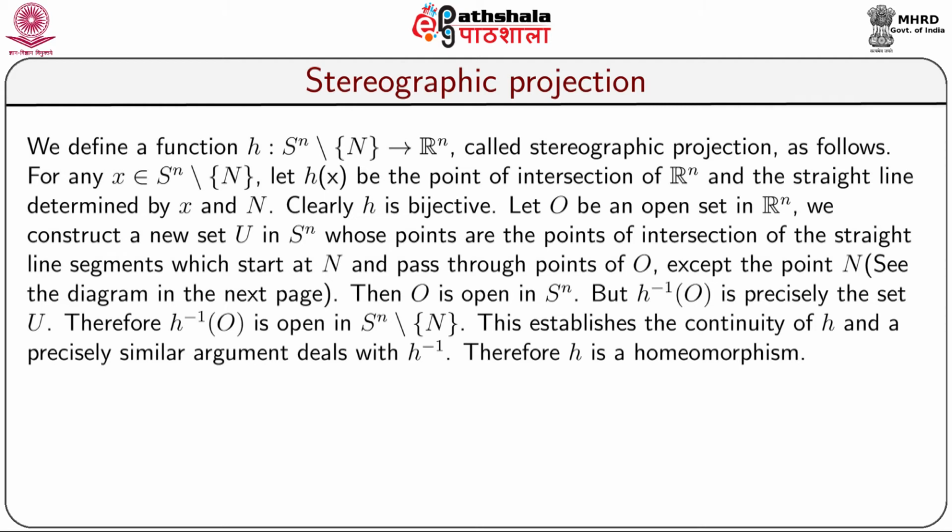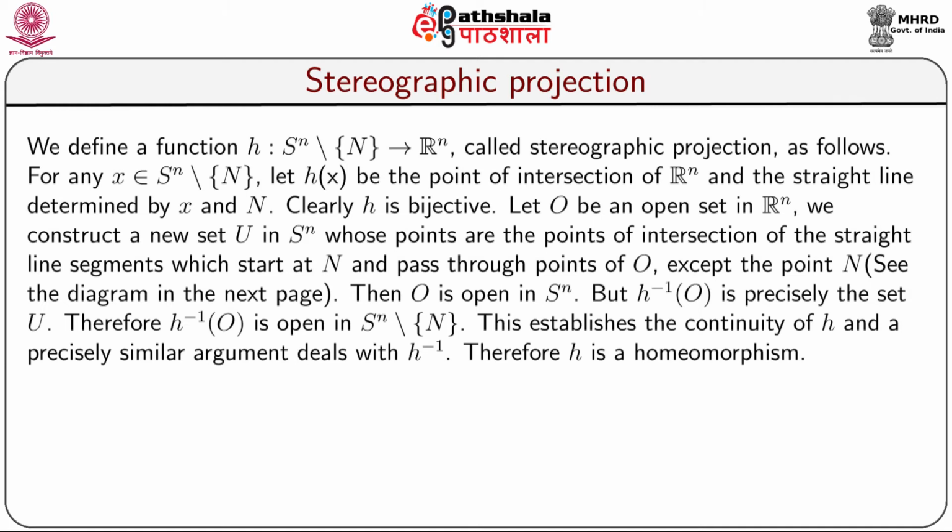Now clearly H is bijective. Now let O be an open set in Rn. We construct a new set U in Sn, whose points are the points of intersection with the sphere of the straight line segments which start at N and pass through the points of O, except the point N. See the diagram on the next page.